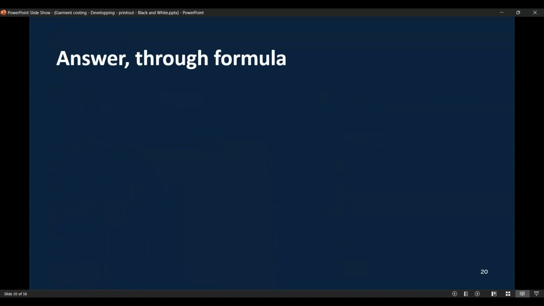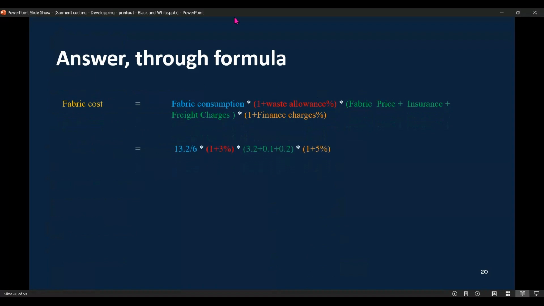So this is the formula, and we apply 13.2 divided by 6 there, because there are 6 pieces in that marker. This is the wastage allowance plus 1. The cost for freight should be within brackets, so it should be in brackets. Otherwise, the answer will be wrong. You can't get the correct answer if you don't apply these brackets correctly.